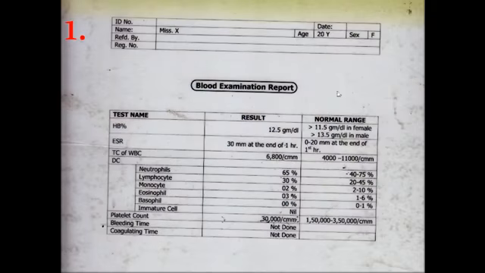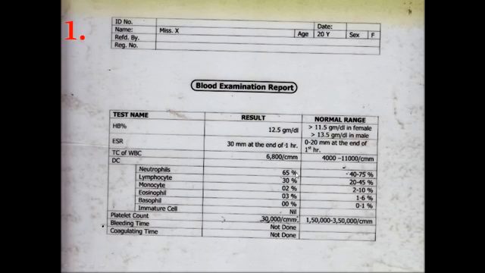This is the previous one. Look, if we look from the very beginning to the last: name, female, age 20, younger age. Hemoglobin percentage 12.5 gram, virtually normal. ESR 30, almost normal. Total WBC count 6,800, almost in the normal range.